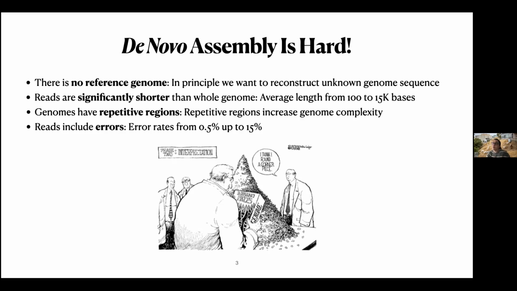The second thing to keep into account is that genomes have repetitions and repetitive regions. So it's like in this puzzle, you have, I don't know, 50% of your pieces that are blue or some kind of shades of blue, meaning it's just a sky. And it's very hard to make sure where this blue piece goes with respect to the other ones. And the last part is that reads often include errors. This was much worse a few years back.